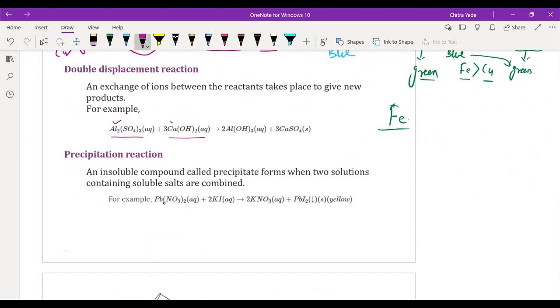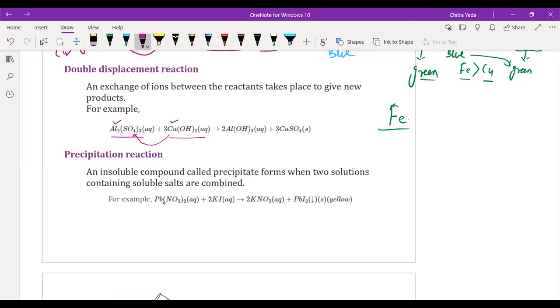Aluminum and calcium are present and both are metals. If we mix these compounds together, calcium will form a more stable substance with the sulfate group. Individually they are very stable, but when we mix them, calcium sulfate will be more stable and aluminum hydroxide will be more stable.